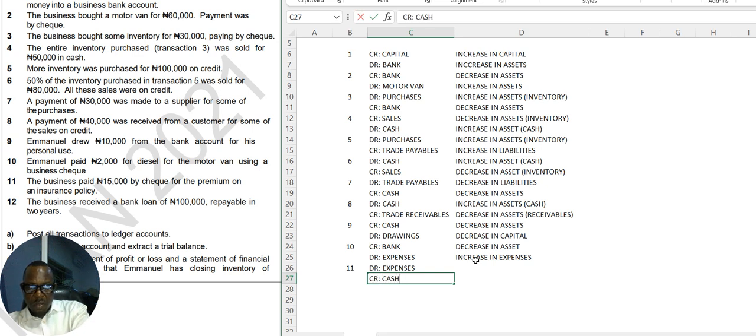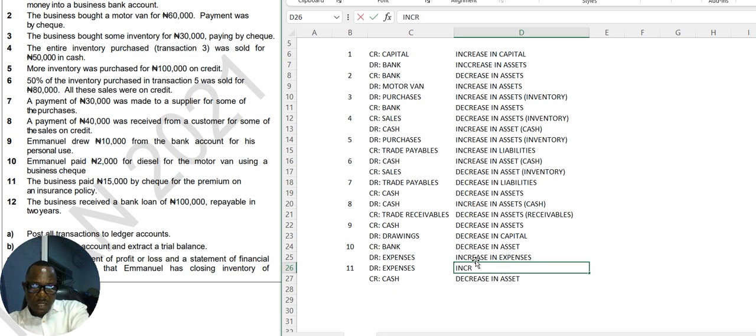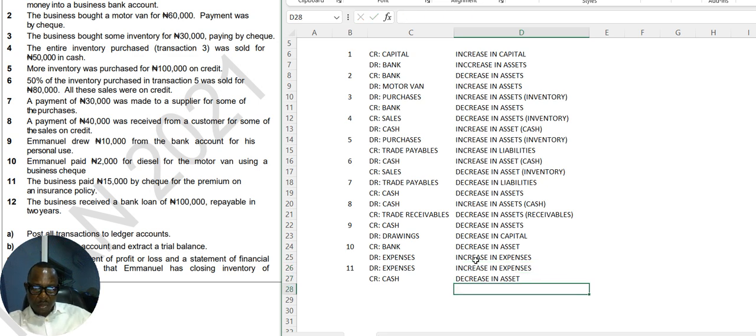So what is the accounting equation here? A decrease in assets, because our asset, which is cash, has reduced, and an increase in expenses. So that is the transaction here.